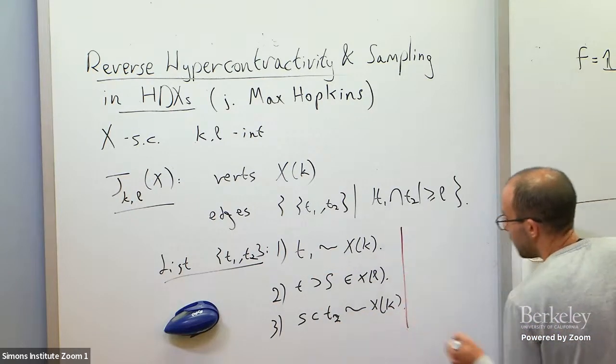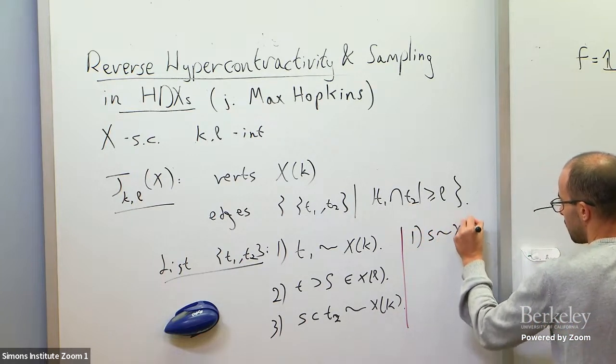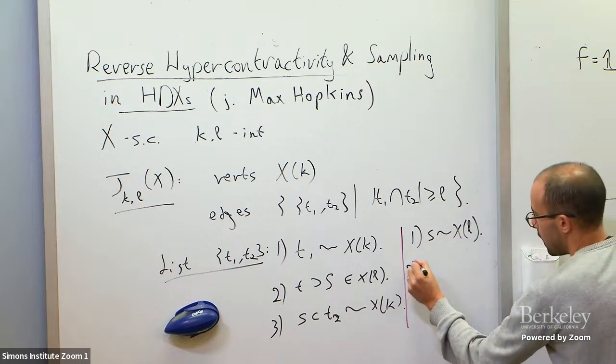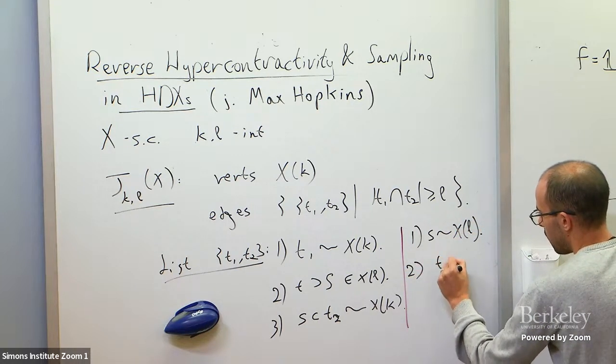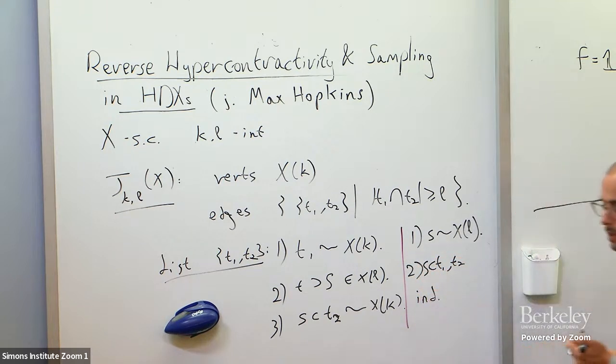So the equivalent distribution is really first sampling S, which is the intersection, and then sampling T1 and T2 that contain S independently from one another. So the probability that T1 is in A and T2 is in B, we can of course write as the expectation over this intersection in the first step of the probability given that T1 and T2 contain S.